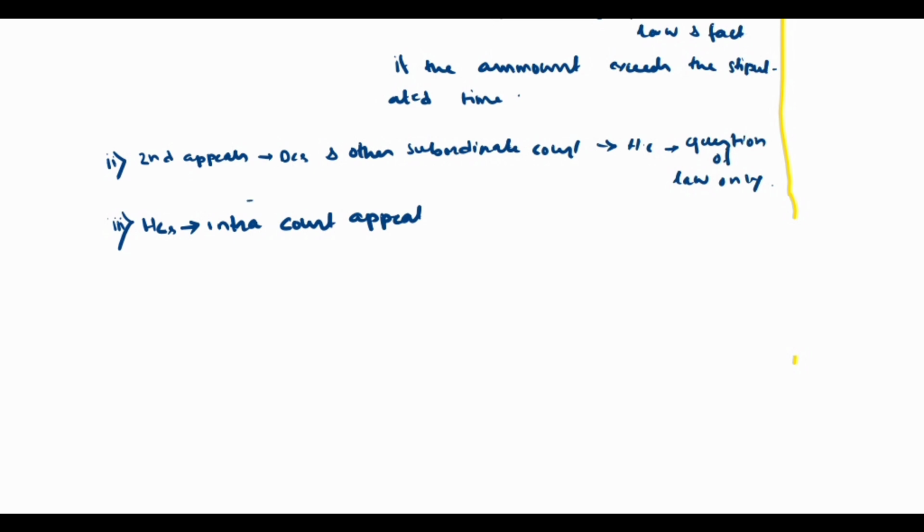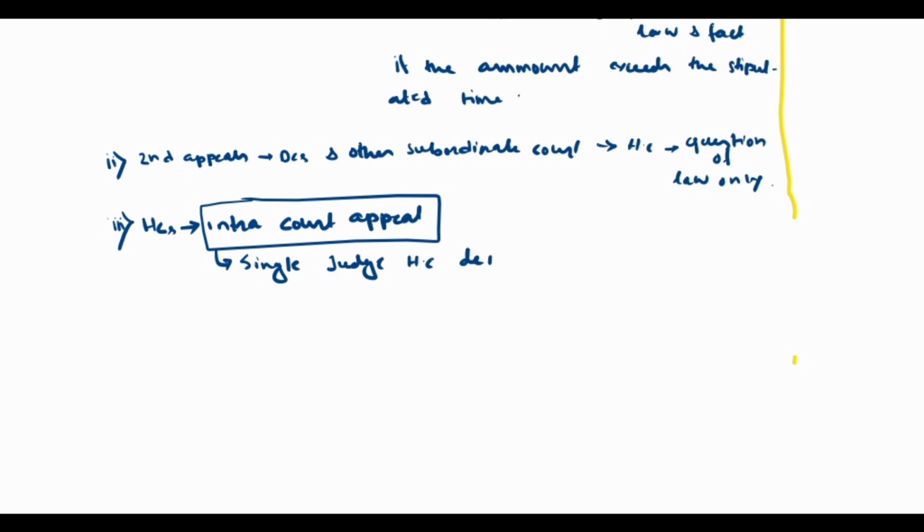What is intra-court appeal? When a single judge of a High Court decides a case and the appeal lies to the division bench of the same High Court.